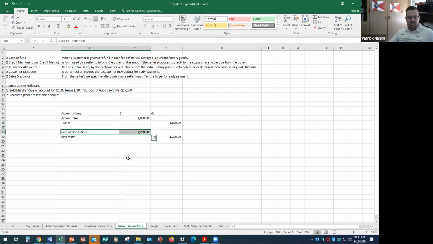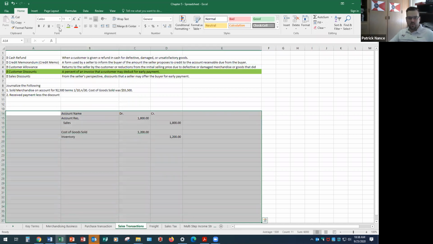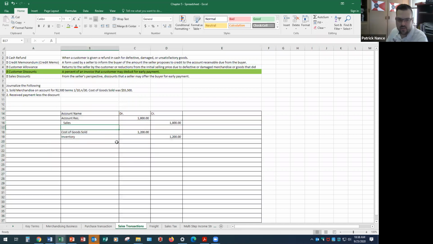So the other thing about this is that we have customer discounts, just like we had discounts for purchasing from the prior chapter. So we need to make sure to take those into account if it is offered. So we have one on the next page of the chapter.